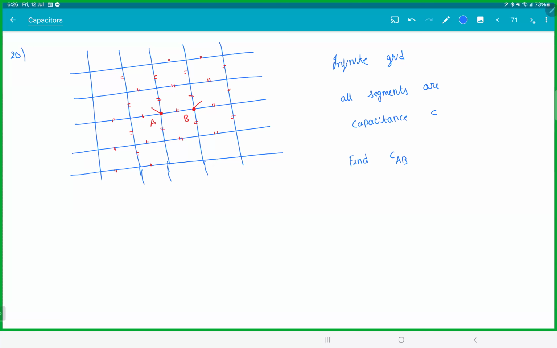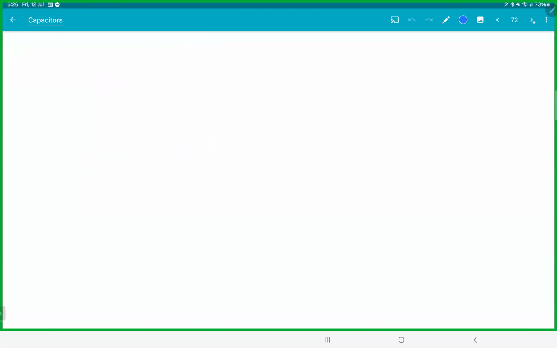Let's see. Now listen, we use something called the principle of superposition. So this is what we do. First, assume there's only one battery.